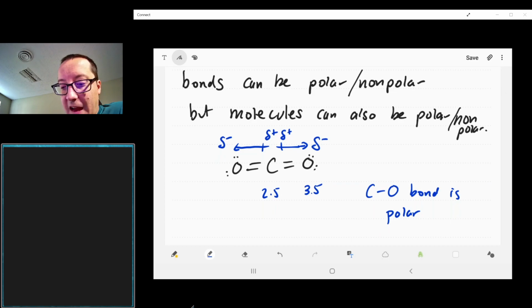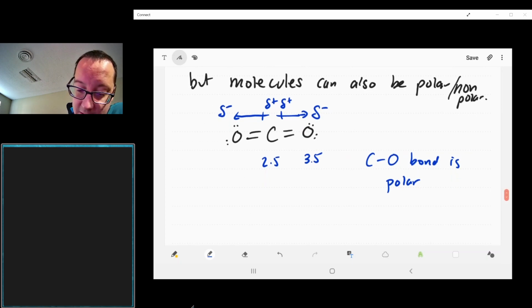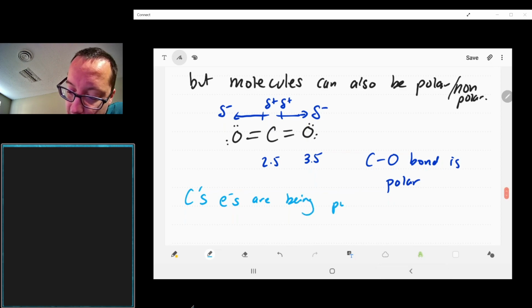This poor carbon in the middle is being pulled from both sides. And if we remember anything about vectors in physics, if you have two forces pulling in opposite directions, nothing's going to change overall. So this carbon, its electrons are being pulled in opposite directions.